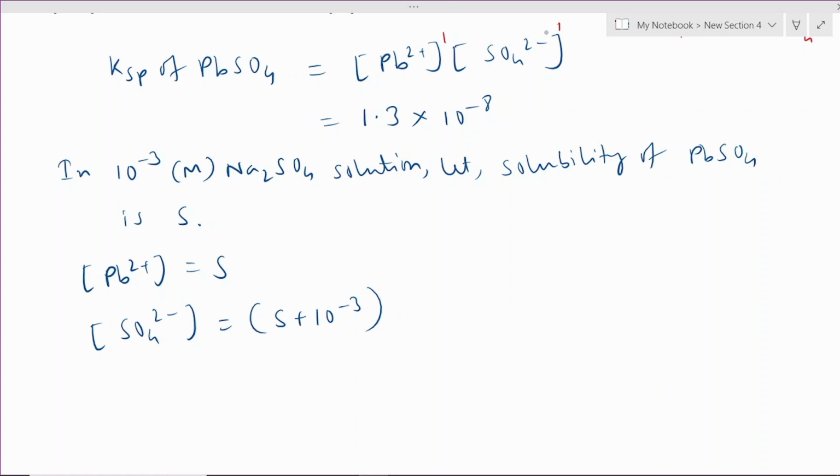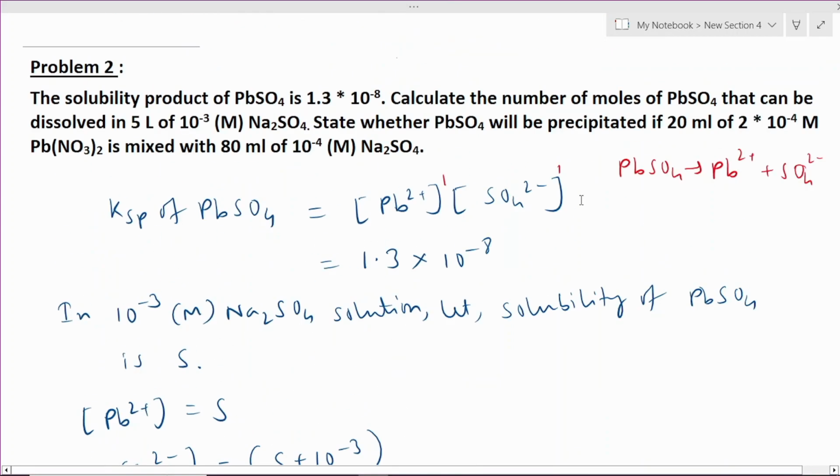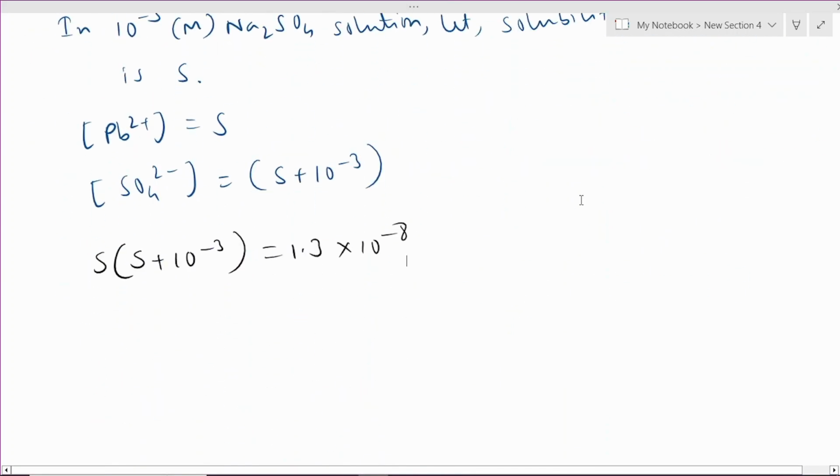So concentration of sulfate in 10 to the power minus 3 molar Na2SO4 solution will be S plus 10 to the power minus 3. Therefore S into S plus 10 to the power minus 3 is equal to 1.3 into 10 to the power minus 8, that is the given solubility product of lead sulfate.